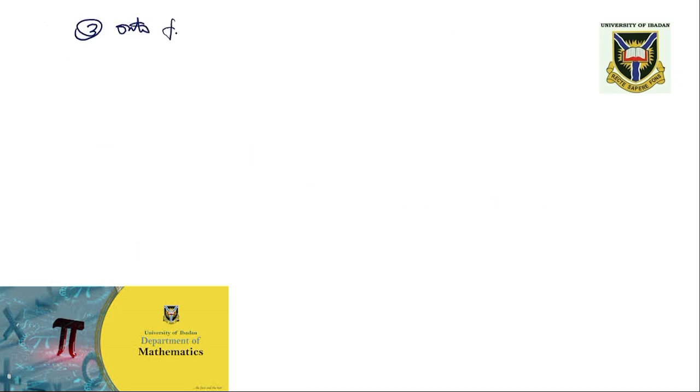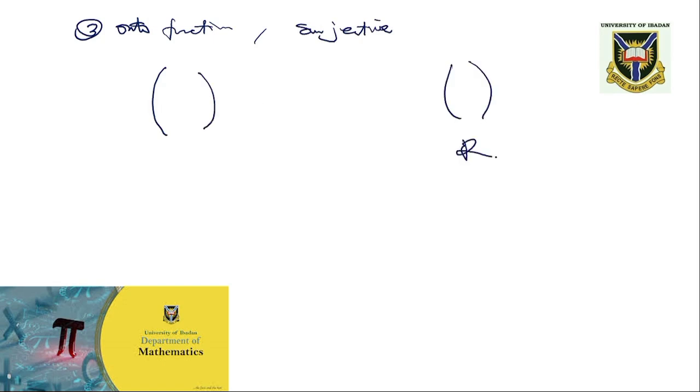Onto function. An onto function is also called a surjective function. For a surjective function, we have such that every member of the codomain or the range has a preimage in the domain.